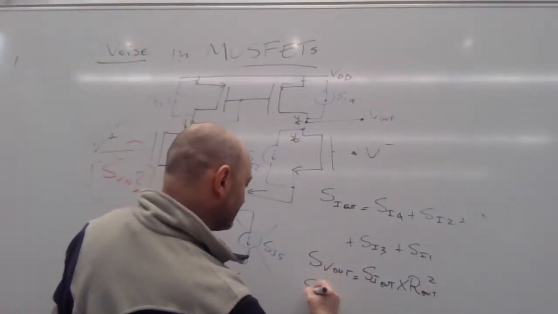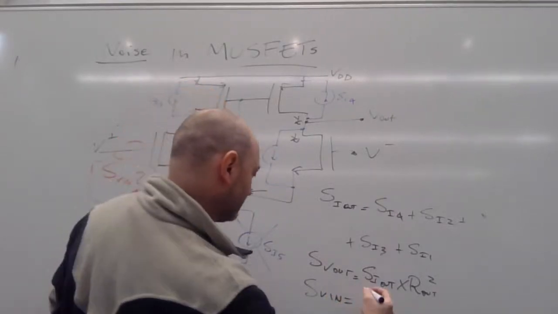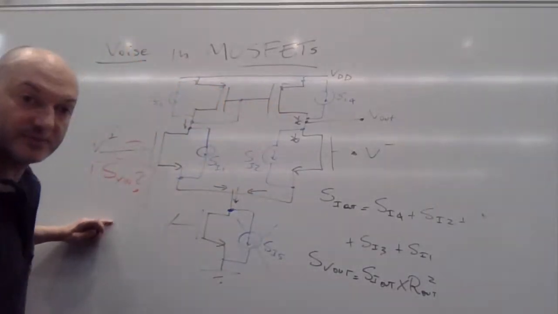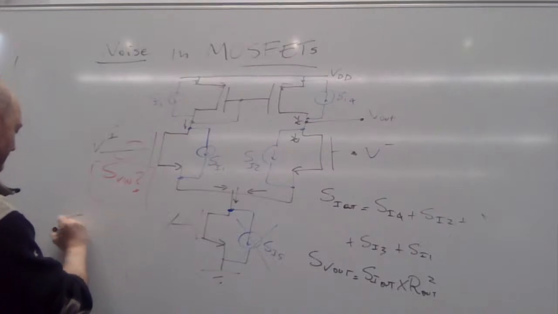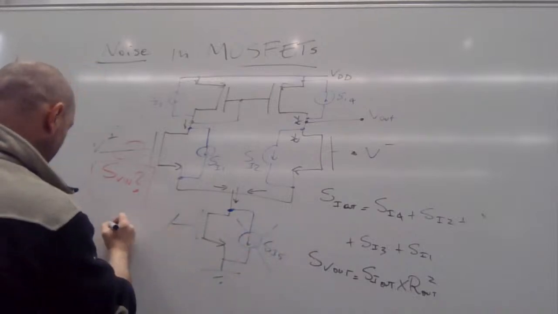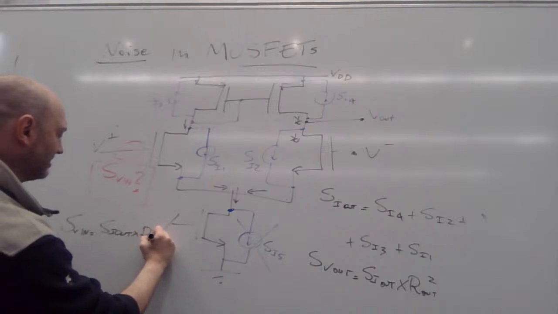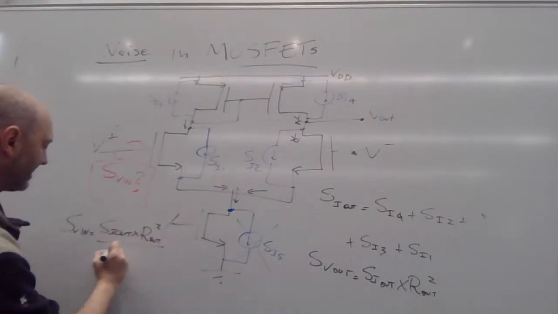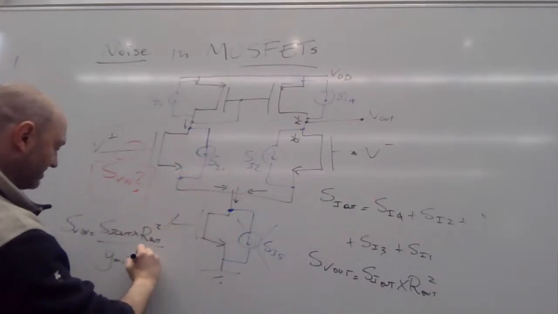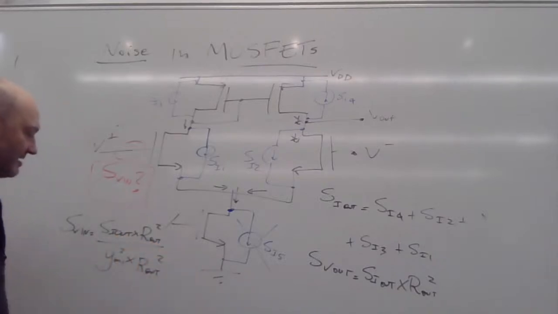So SV in would be equal to SI out times R out squared, divided by GM1 squared times R out squared.